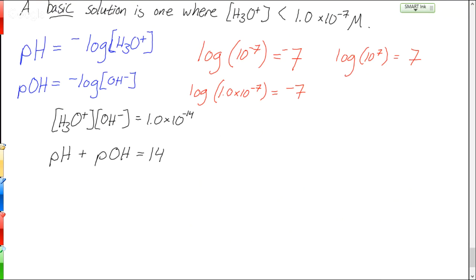So the pH and the pOH will always add up to 14, which means if you know either the hydroxide concentration or the hydronium concentration or the pH or the pOH, you can always calculate all the other ones. So let's practice that.